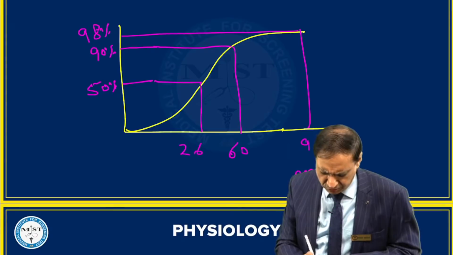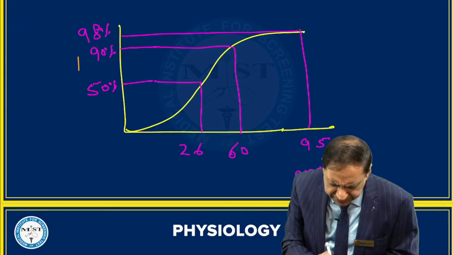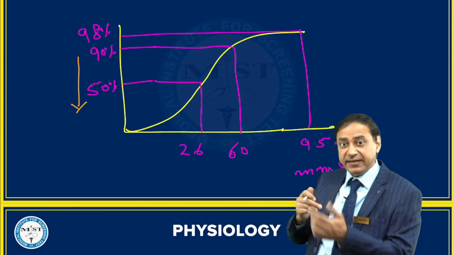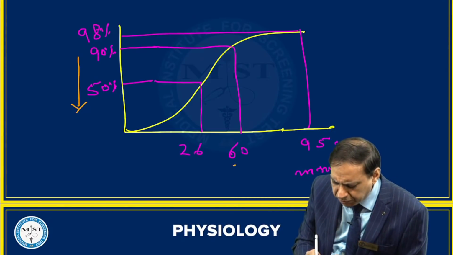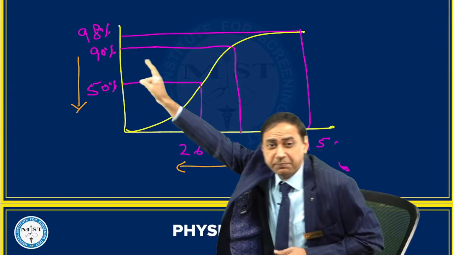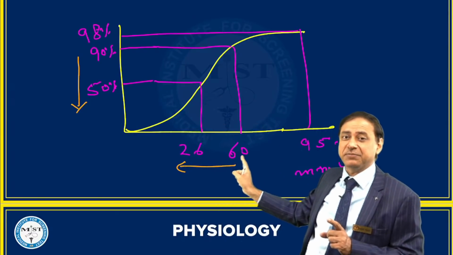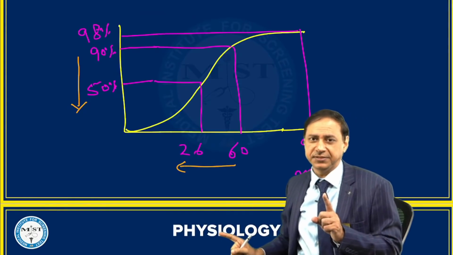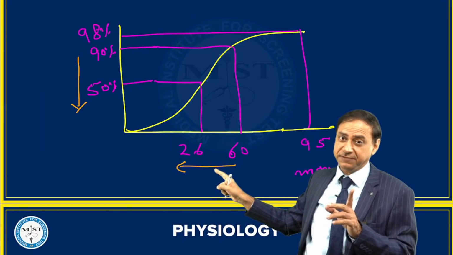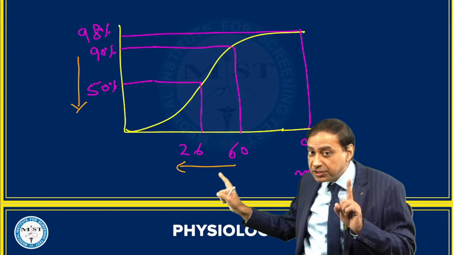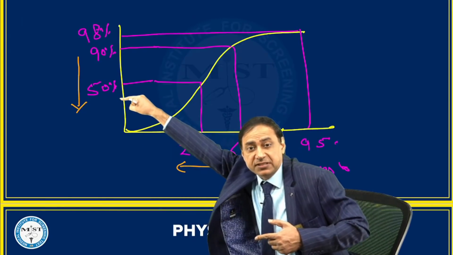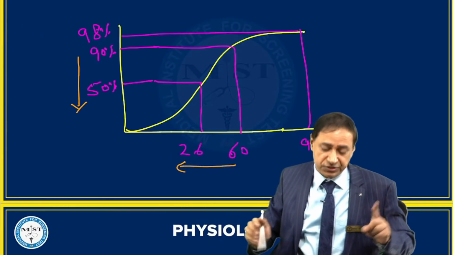So if the pulse oximeter shows below 90, in arterial blood gas it will show below 60. Corresponding to 90%, it will be 60 millimeter of mercury in ABG. If arterial blood gas is below 60, we call it hypoxia. In pulse oximeter, if it is below 90% saturation, we call it hypoxia.